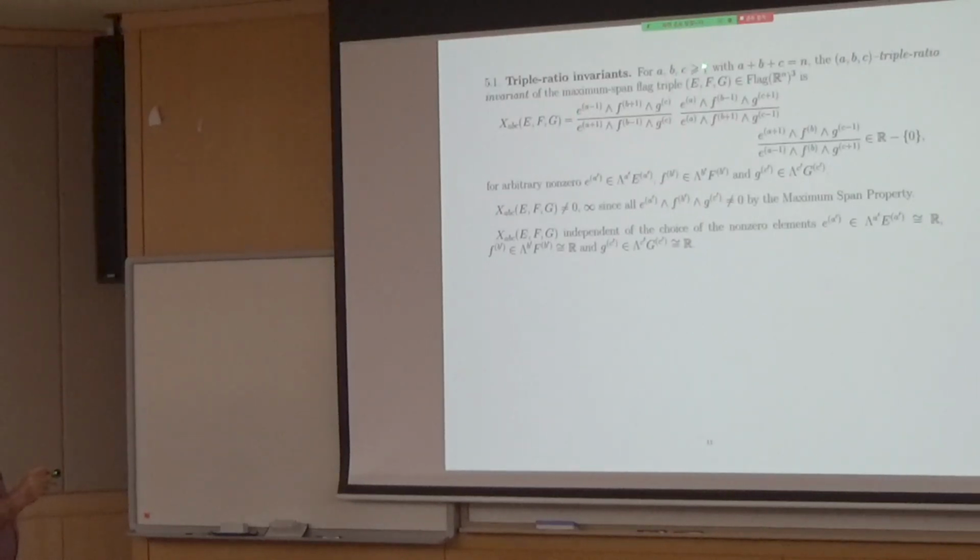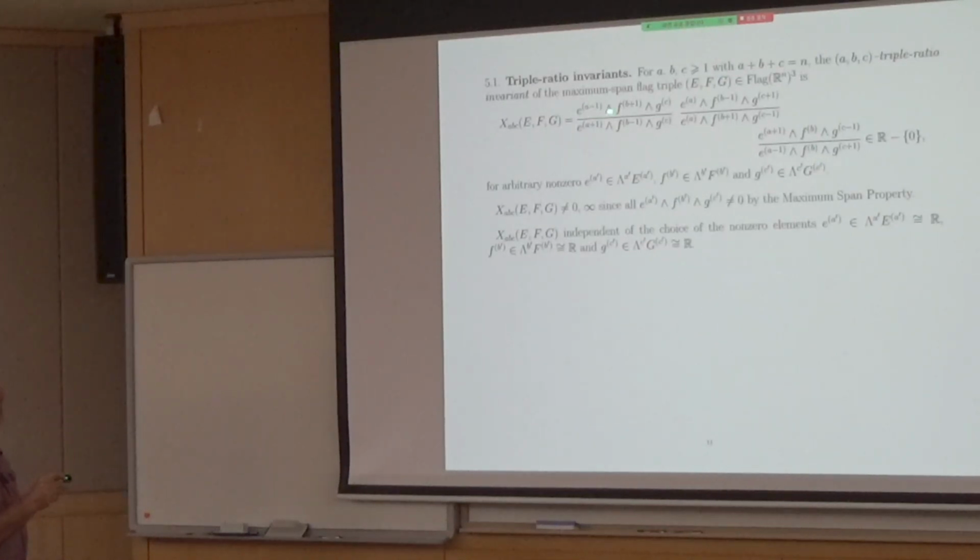Given a, b, c with a plus b plus c equal to n, but also a, b, c at least equal to 1, then we have this invariant where you take all these terms, which are exactly what I had on the previous slide. So I have 6 of them, and I take these triple ratios of them.